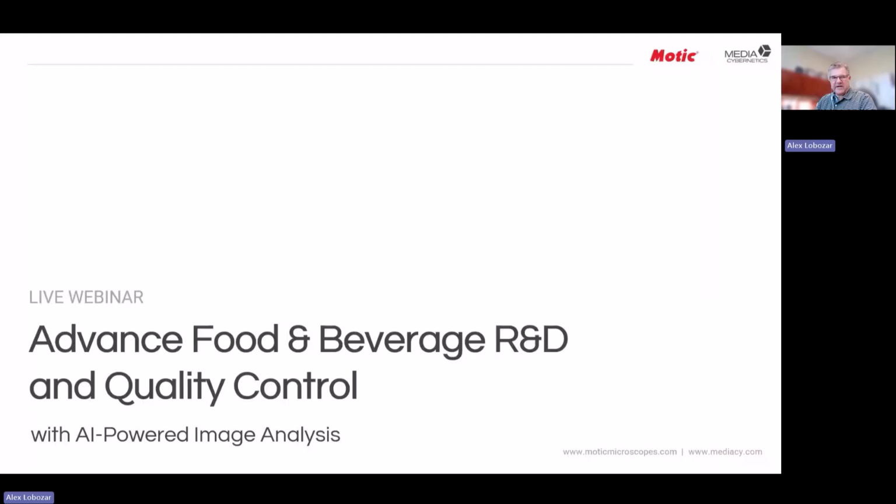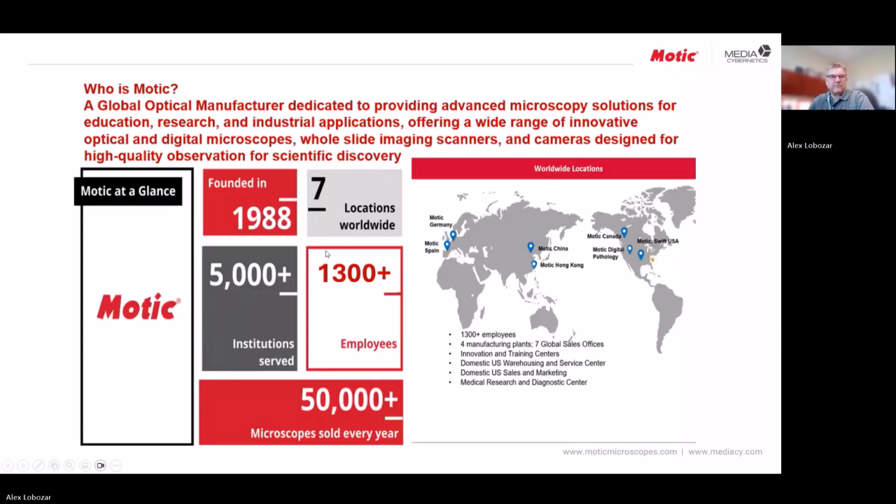Just to give you a rundown on the Motic side, in case many of you don't know, we're a global manufacturer of optical instrumentation. We cover multiple markets: education, research, industrial, and offer not only microscopes but digital cameras and whole slide scanners, usually for high quality observation for scientific discovery.